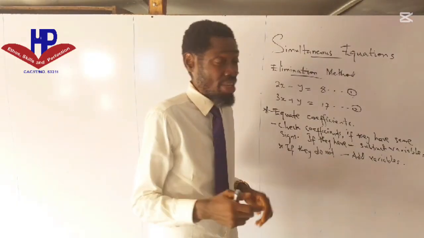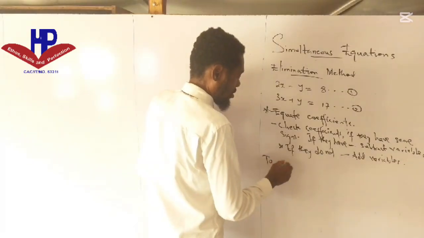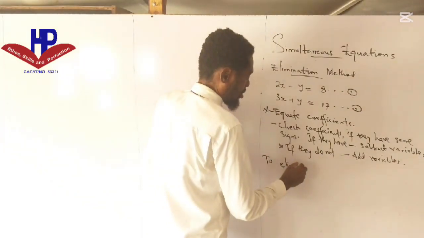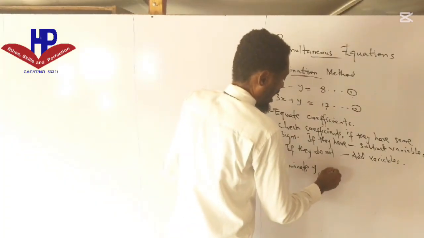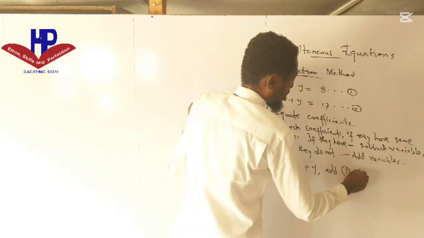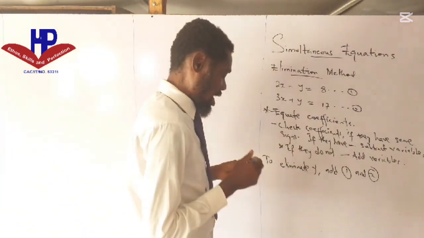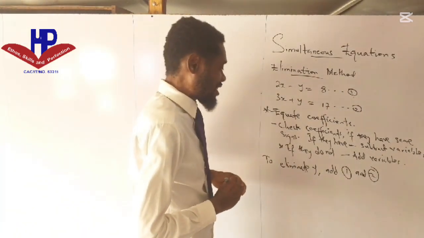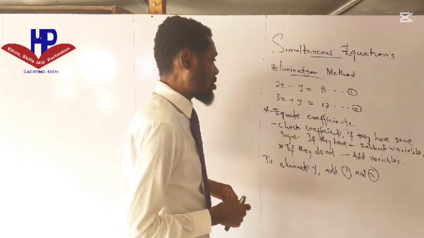The variable we want to eliminate right now is y. To eliminate y, add equation 1 and equation 2, because the signs are different. And I said if the signs are different, add the two equations.